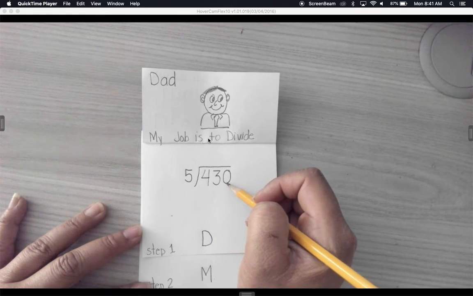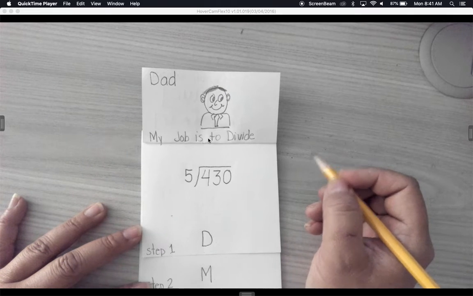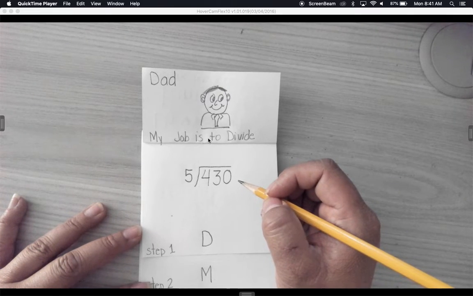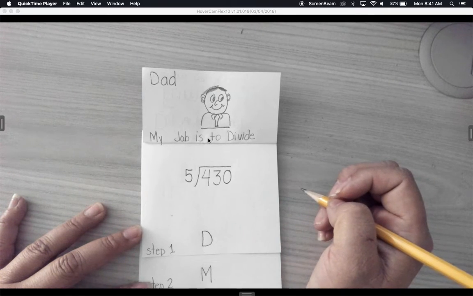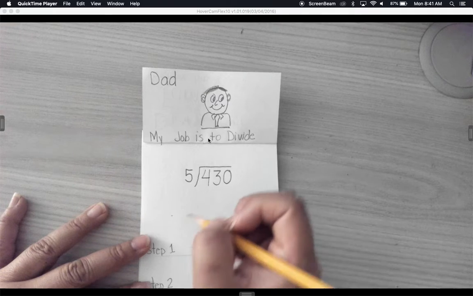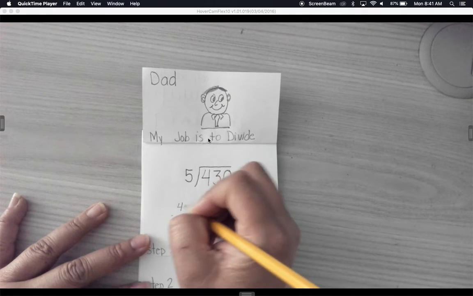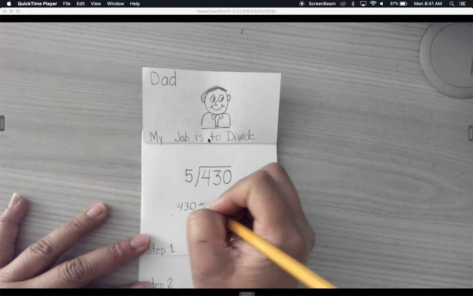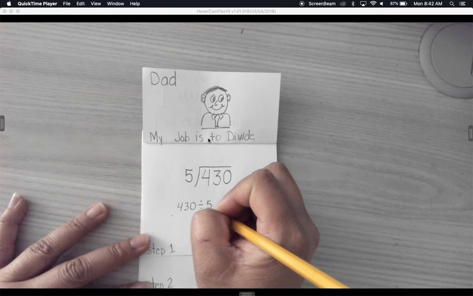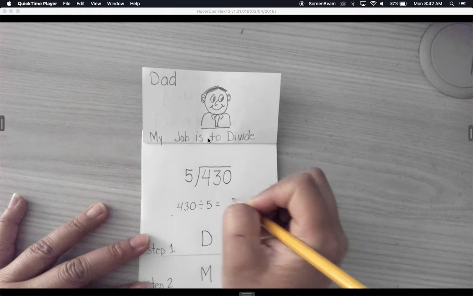So that's step 1. Set up your problem. Or we could also write it 430 divided by 5. And we want to know what that equals, right?